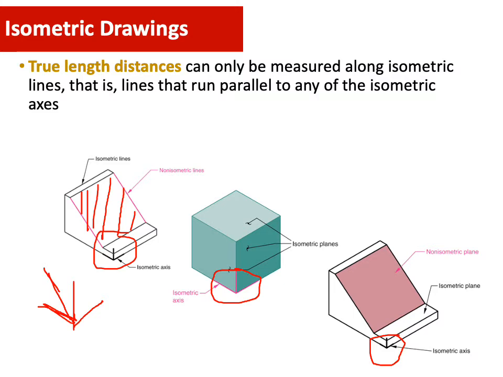I'm going to change the line. So this is your axis, and it's not following these 3 axes of the isometric axis. So this will have non-isometric lines, while the others, if they are parallel to the same axis of the isometric, you call isometric lines. I hope you all understand here.